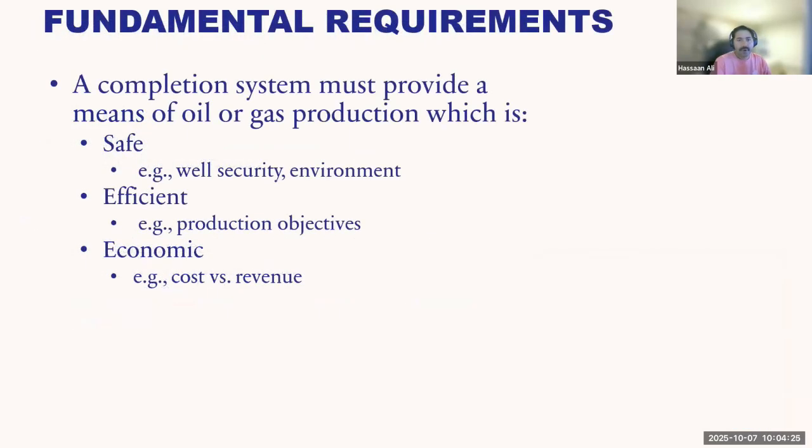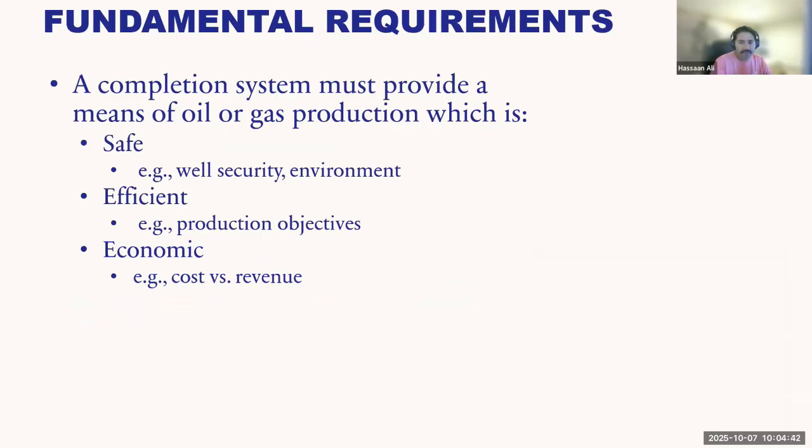We have talked about why we require an understanding of completion, but essentially there are three things that a completion system should provide. It should provide a safe, efficient, and economic way of producing oil and gas.